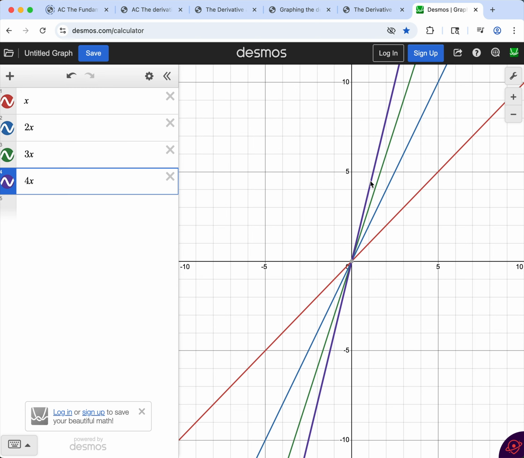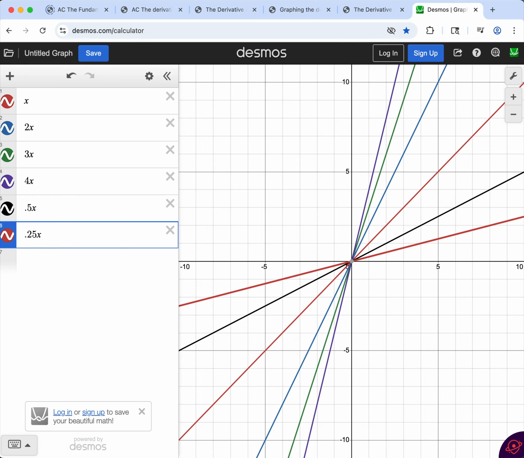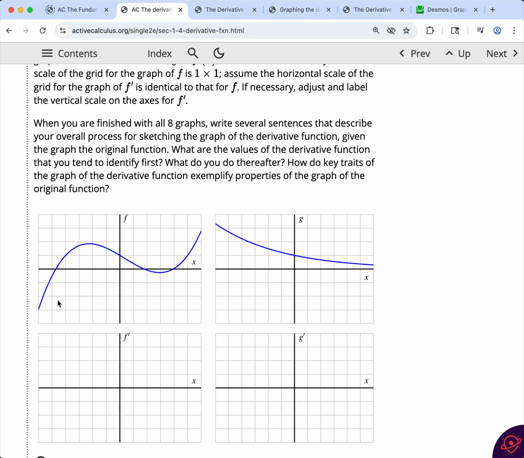That steep is 4, a slope of 4, 3, 2, 1. And let's look at a half. And maybe a quarter. So there's a slope of a quarter, a half, 1, 2, 3, 4. That'll probably be enough for us to kind of be able to estimate slopes on here.